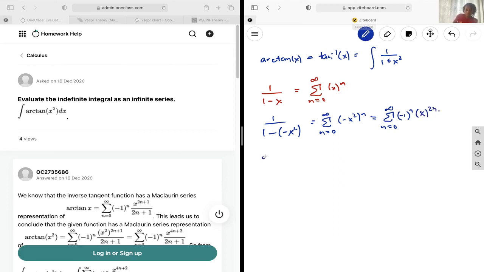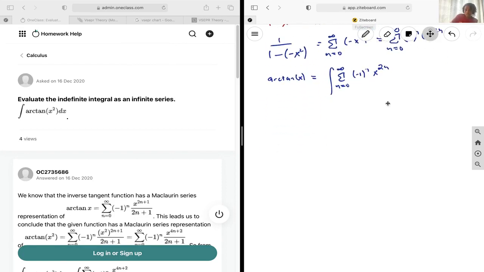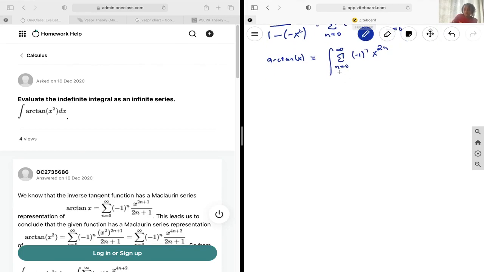So that means that we can express arctan of x as the integral of the summation, so the infinite series, negative 1 to the power of n, x to the power of 2n, dx.